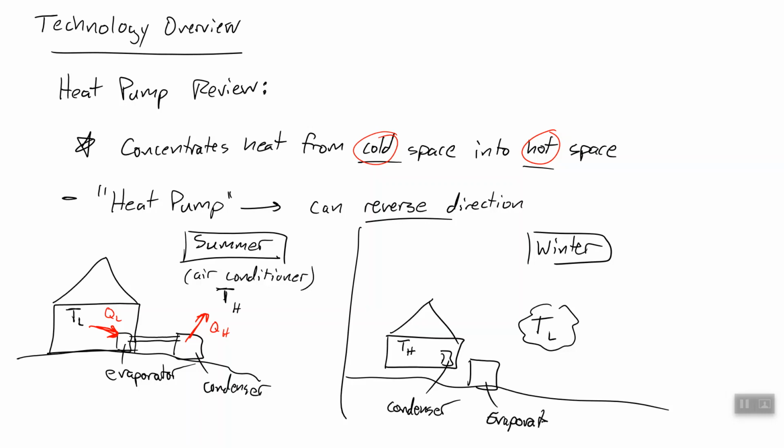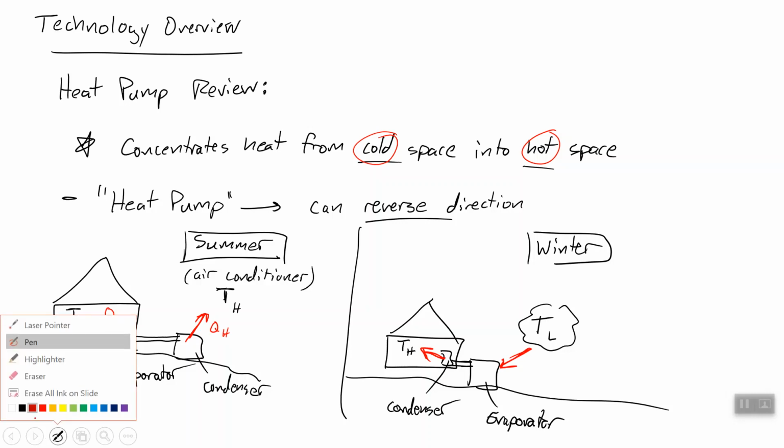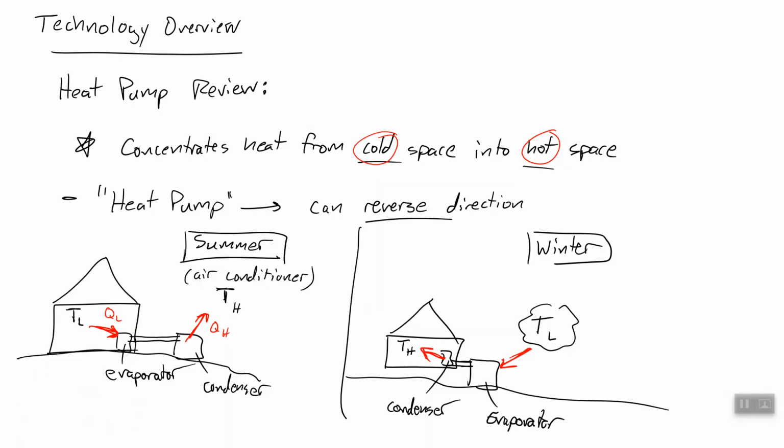And how we accomplish this is we have all the same components, including a pump and a valve and 2 heat exchangers, but we've actually reversed the direction of flow using just some basic equipment inside the heat pump itself. And what that does is it reverses the direction of heat flow from going out to now coming into the house. So when you say heat pump, like that house has a heat pump, this is the technology we're talking about.